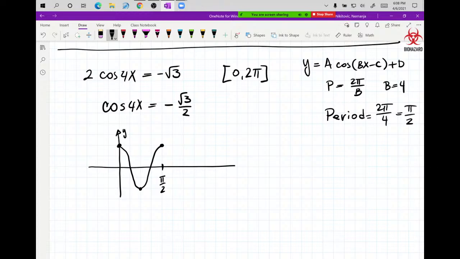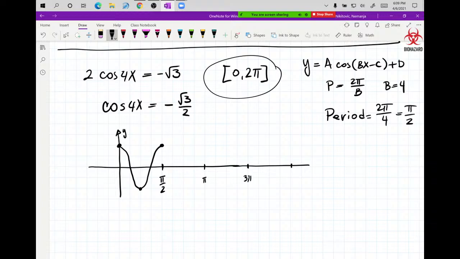And you say, oh, hold on. We need 0 to 2 pi, not 0 to pi over 2. Well, in that case, right, cut and paste this all the way out to 2 pi. So 1, 2, 3, 4. I picked 4 of these as spacing. So that's a pi.